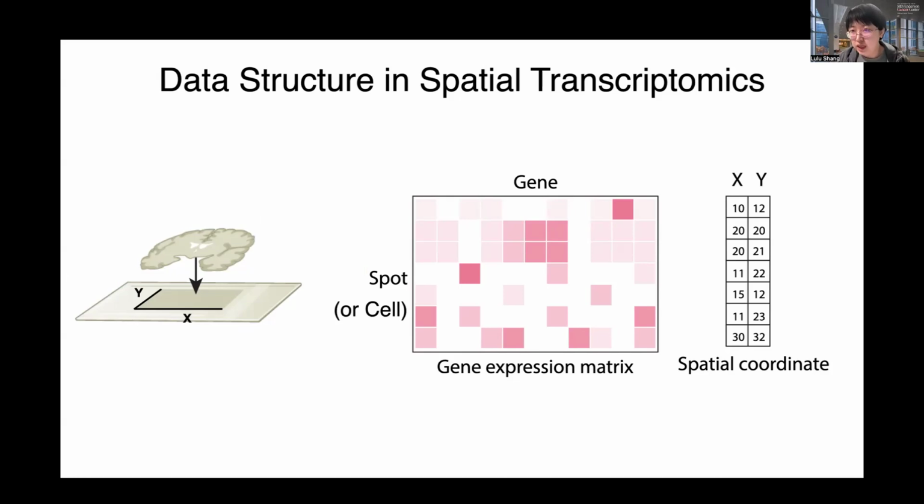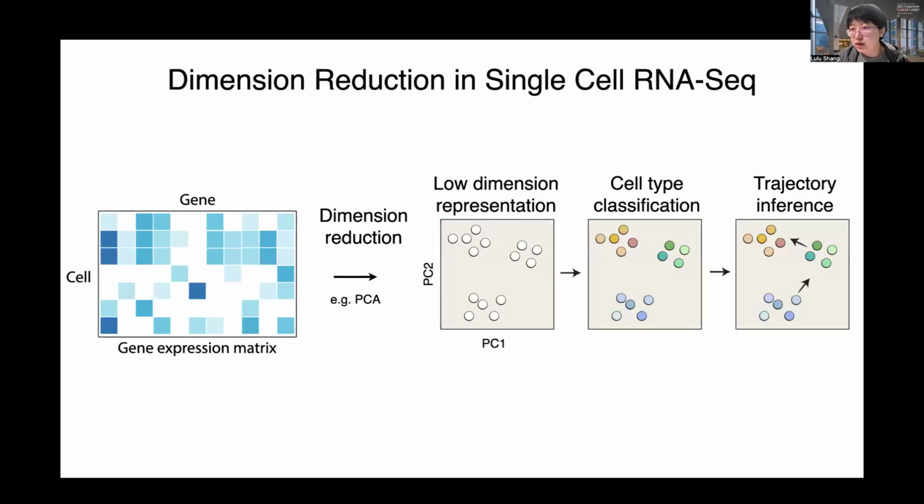If we take one step back to single-cell RNA-seq, we can also obtain the gene expression matrix, where the rows will be cells, and the columns will still be the genes. In single-cell RNA-seq data, we can measure the gene expression in each cell. So people usually do dimension reduction, for example PCA, and after you do the PCA, you can project each cell onto the PCA plot.